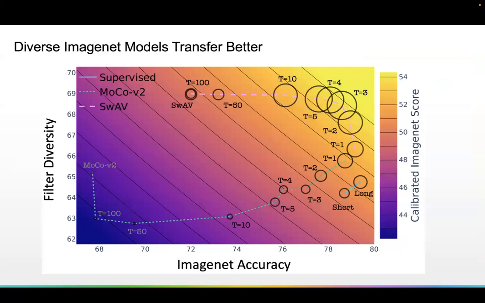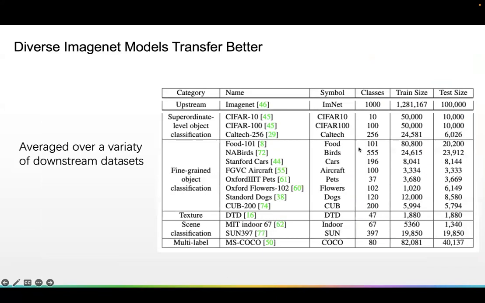In this graph, we show that as we inject more and more label information over those trajectories, we get higher in the calibrated Imagenet score in yellow, and thus the transferability with higher circles increases up to a certain point where it starts decreasing.